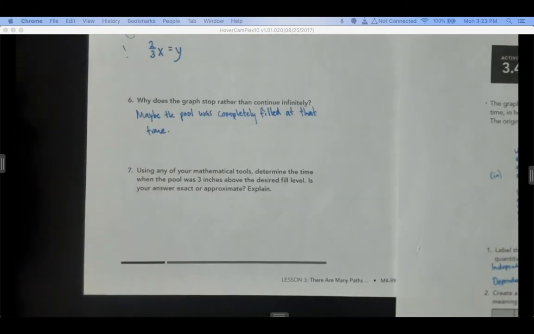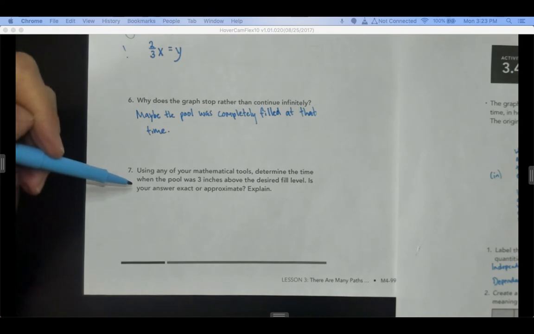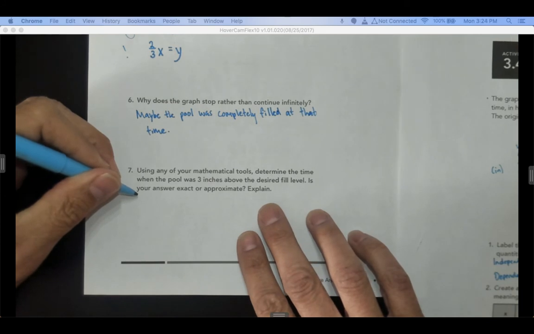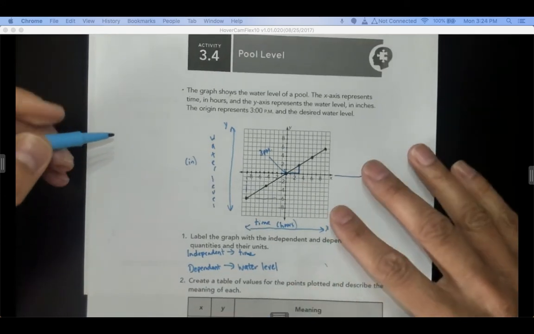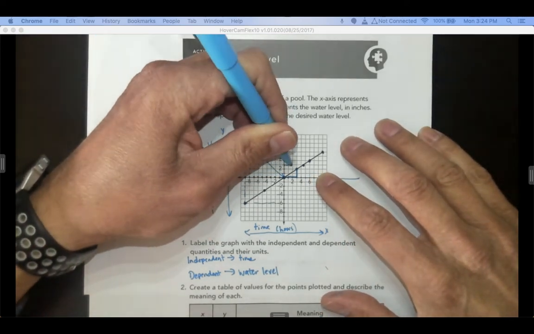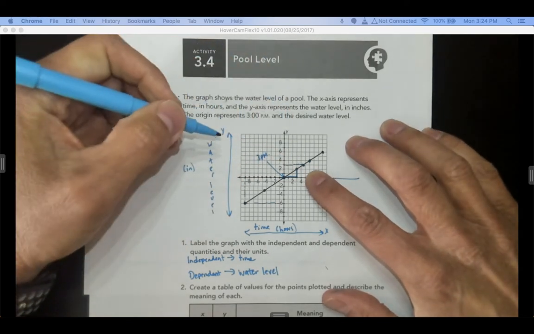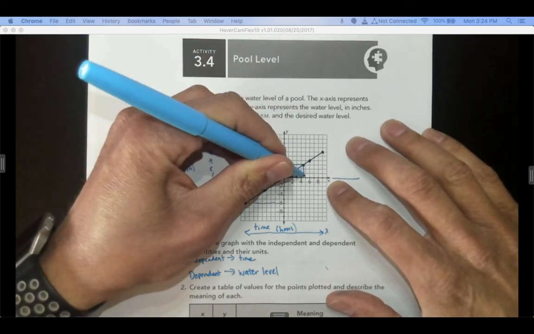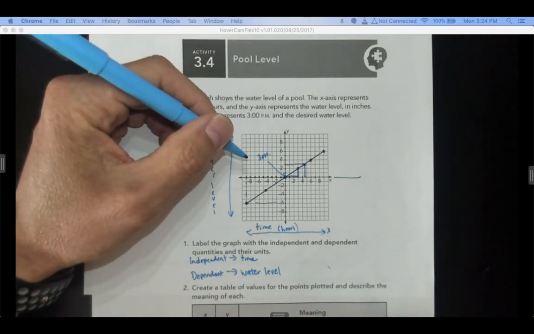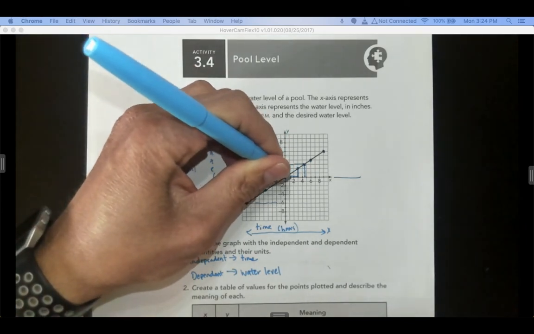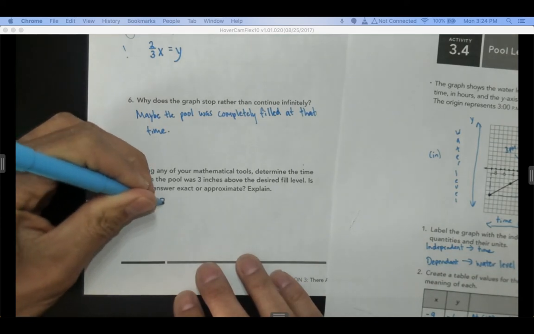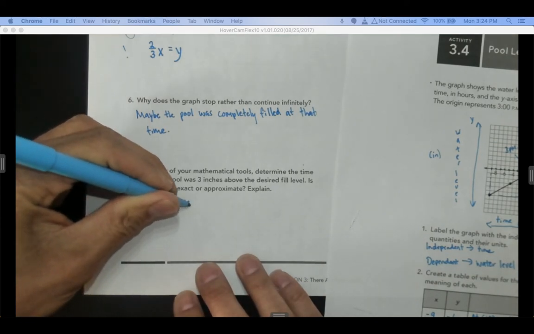Using any of your mathematical tools, determine the time when the pool was 3 inches above the desired fill level. Is your answer exact or approximate? Okay. So I'm going to use the graph here. And so 3 is right about here. And so when I got to 3 inches above, then I go straight down. What time does it say? 3 o'clock, 4 o'clock, 5 o'clock, 6 o'clock, 7 o'clock, 7:30 p.m. At 7:30 p.m., I should say about.